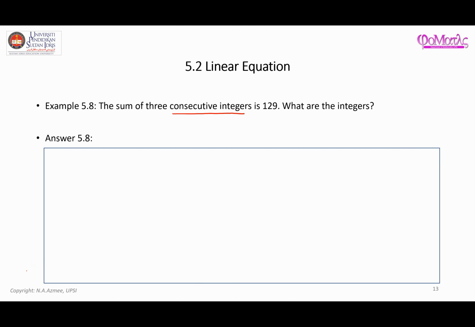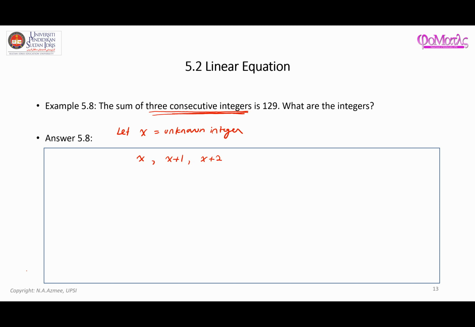So in this case, there are three consecutive integers, but the integer is unknown, so you can let x represent the unknown integer, and it says three consecutive integers. That means it must be x and then x plus 1 and x plus 2.